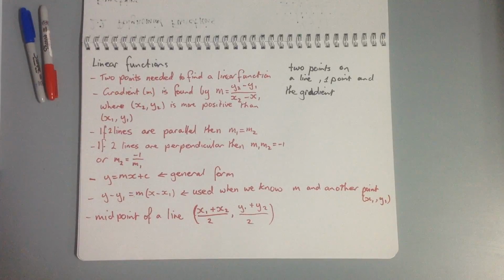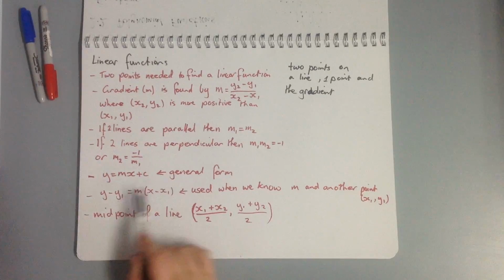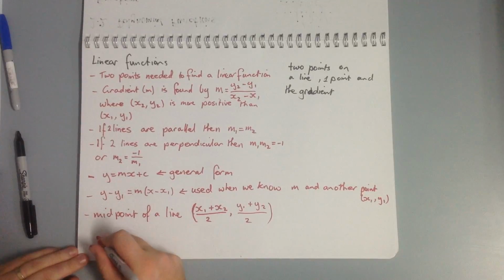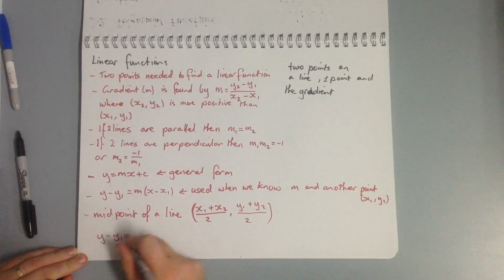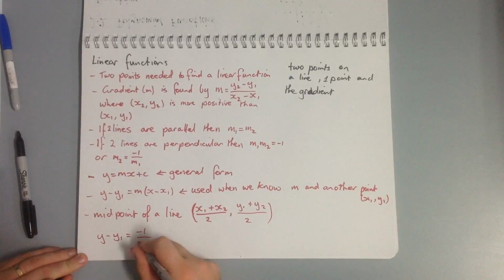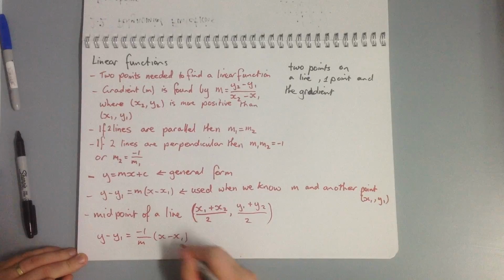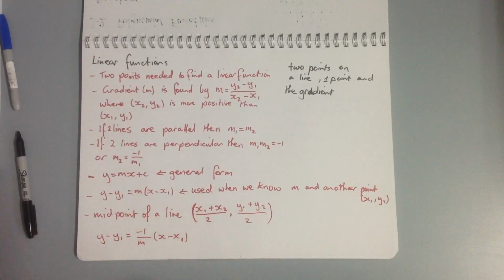If we were needing to find a tangent to a graph, this is the one we use. If we need to find a normal to a graph, then we use y minus y1 equals -1 over m outside of x minus x1. I'm sure we'll come up with tangents and normals a little bit later on.